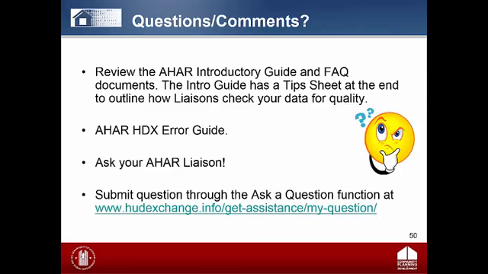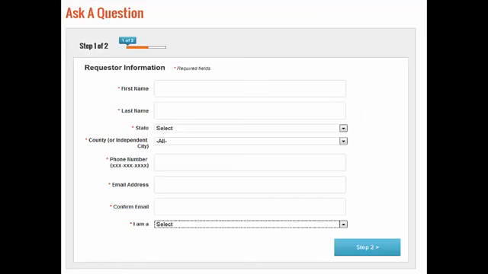Also, remember that you can ask your AHAR liaison. Another option is to submit questions through the Ask a Question function on the HUD Exchange website. Make sure to select HDX as your program system when asking the question. This is a screenshot of the Ask a Question function on the HUD Exchange.